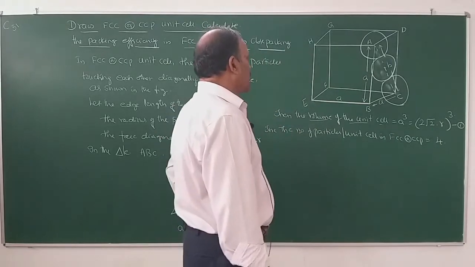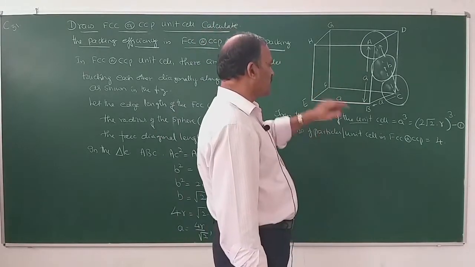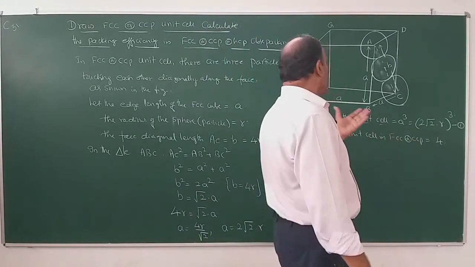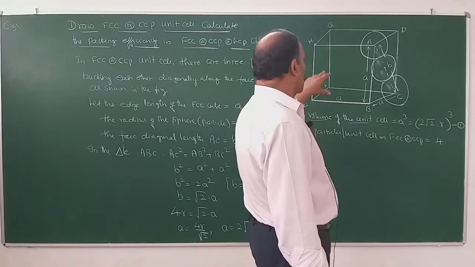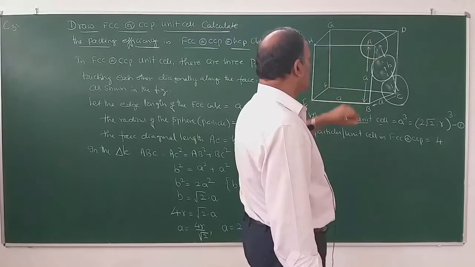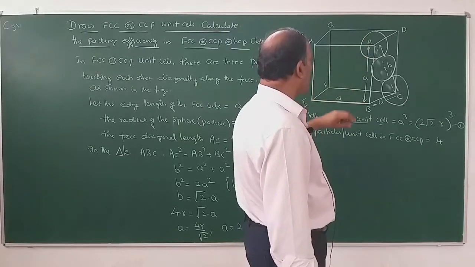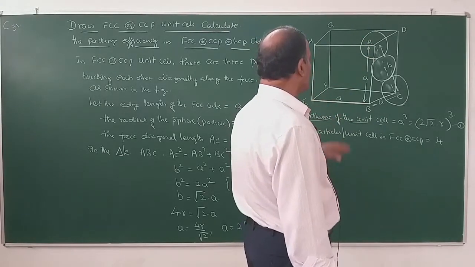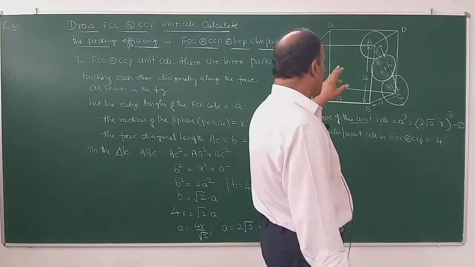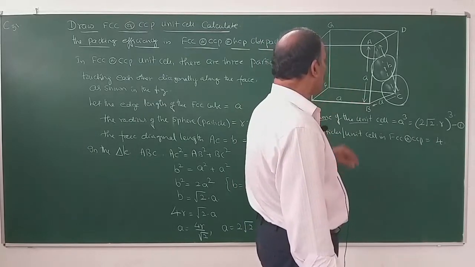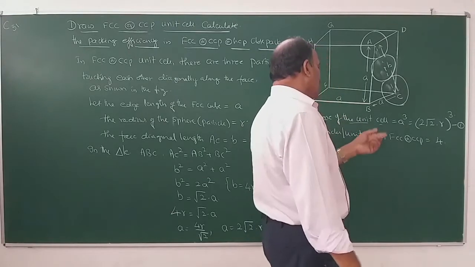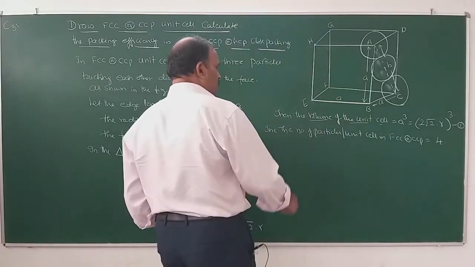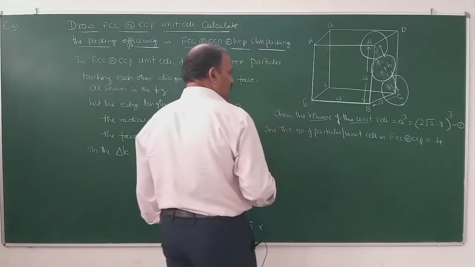This is how we have calculated: 1 by 8 into number of corner particles, 1 by 8 into 8, plus half into number of face centered particles, totally 1 plus 3, that is equals 4. So the number of particles equals 4.